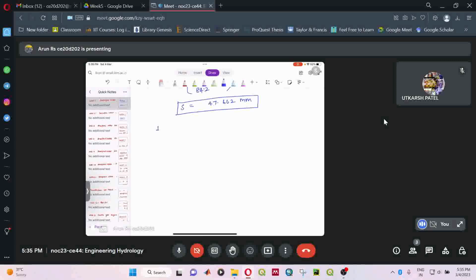Once we find this, we need to find the initial abstraction. That is 0.2 times S, which is equal to 0.2 into 47.662. So your IA is equal to 9.533.